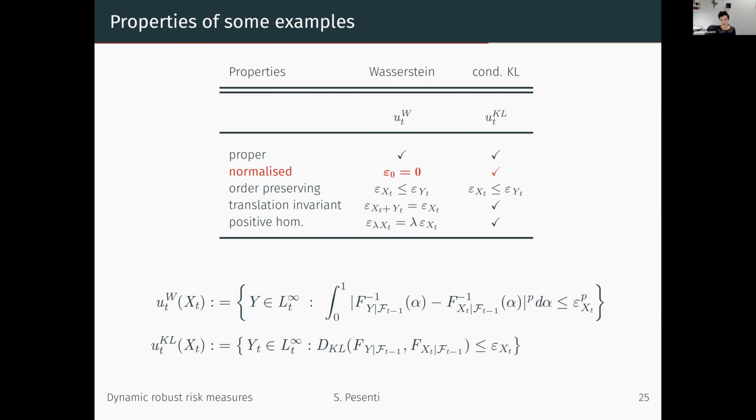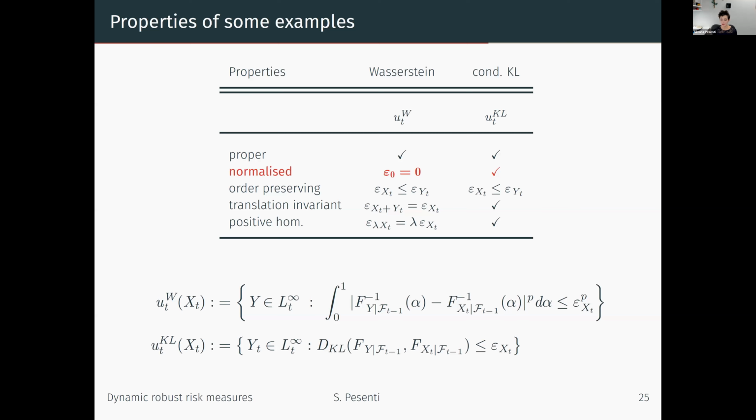And for example, you could think of an uncertainty set characterized by the Wasserstein distance. Here we would probably want to use the Wasserstein distance on the conditional distribution of each step, and then you can see what properties this uncertainty set satisfies.